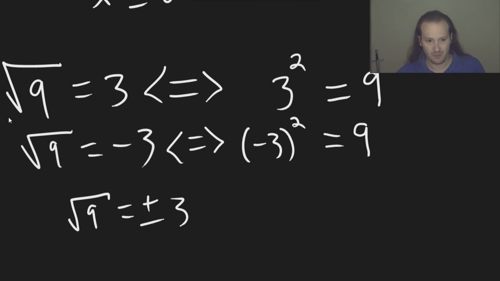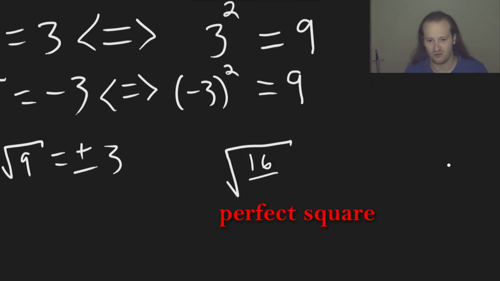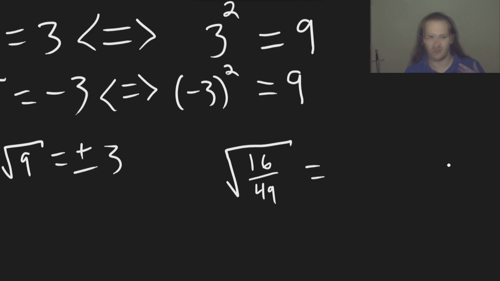If a number like 9 has a rational square root, 3, it is considered a perfect square. 16 over 49. We want to square root that whole thing. You'll see in a little bit that we just square root the top and then you square root the bottom separately.